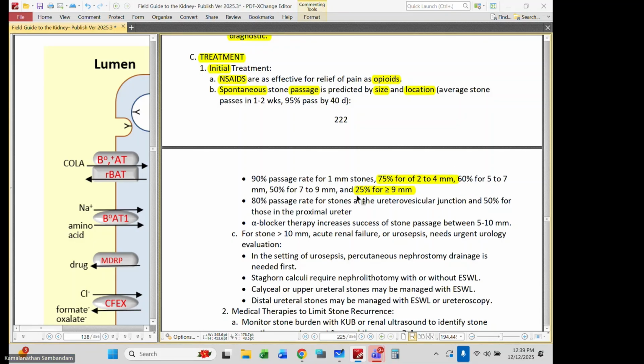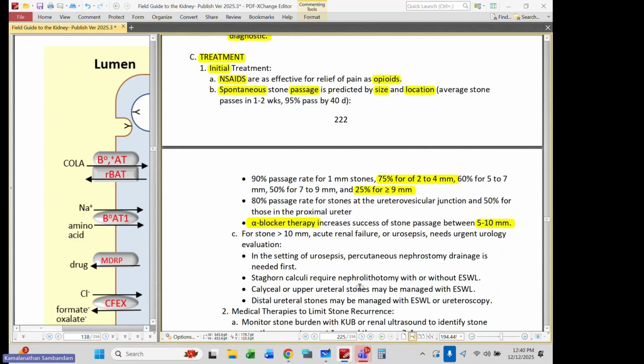We can use things like tamsulosin to help with some of these 5 to 10 millimeter stones. It has shown some benefit with stones of this size. Stones smaller than this are going to pass regardless in many cases. Stones larger than this are not going to pass even if you use your tamsulosin.